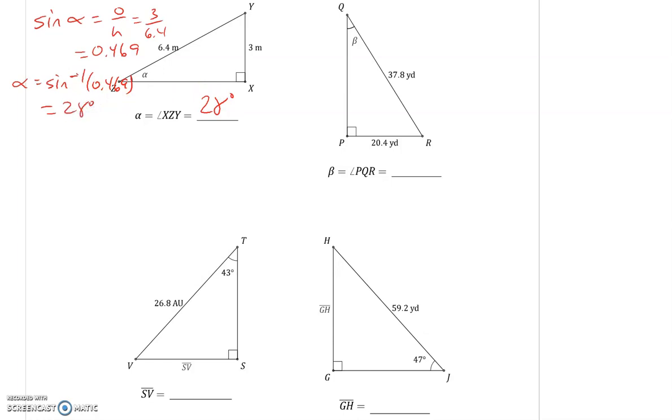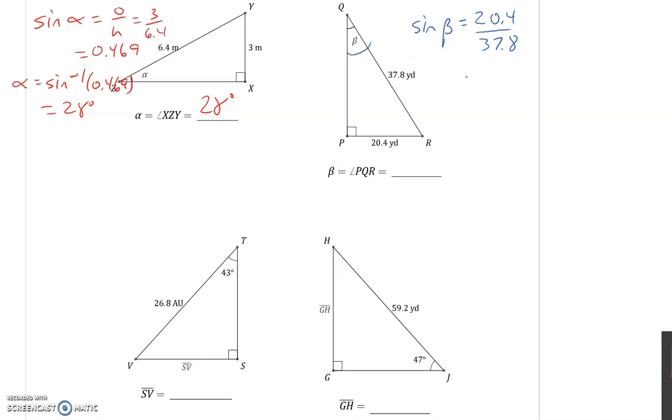Okay, so the next one here, we're looking for beta again. So there's my beta angle. Sine of beta will be the opposite, which is 20.4 divided by the hypotenuse, which is 37.8. So 20.4 divided by 37.8 gives me 0.54 rounded off pretty much.